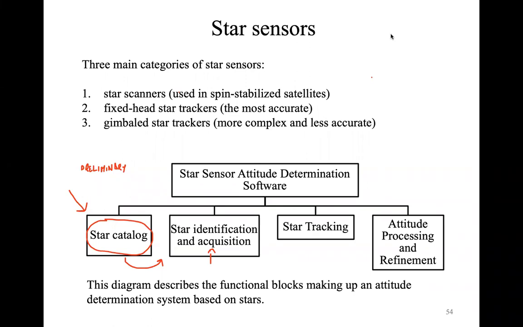assembly consists of optics, so that you can filter the signal that you're receiving from the stars, and also detectors, which, as will be seen later, are usually made by CCD, charge coupled devices.